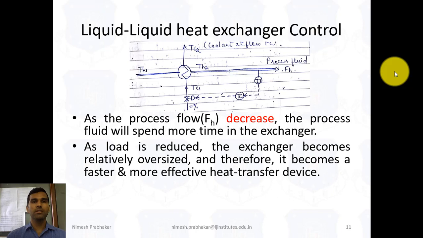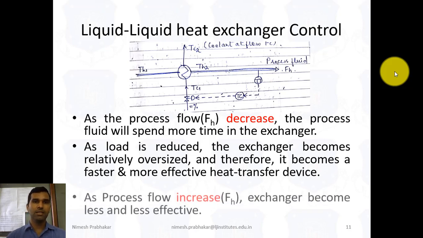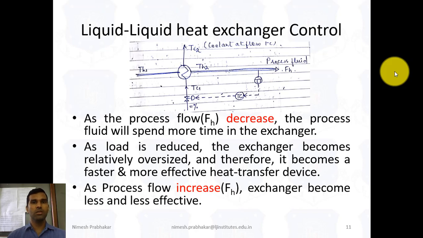Also the load is reduced, the exchanger becomes relatively oversized and therefore it becomes a faster and more effective heat transfer device. And in the second case, as process flow increases, FH is increased, the exchanger becomes less and less effective. So this is a liquid to liquid heat exchanger.